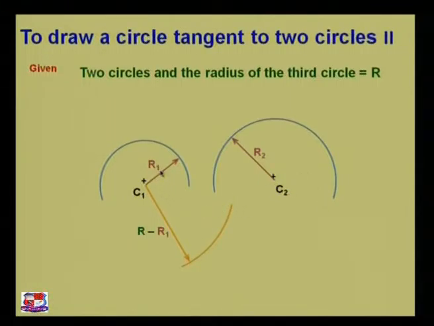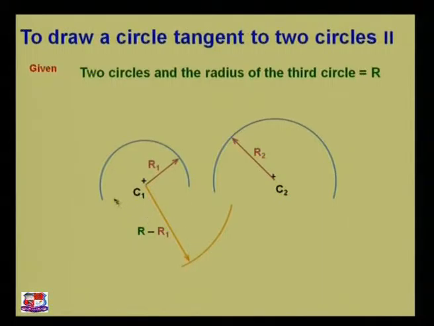In the first method, we added r plus r1. Over here we are subtracting, r minus r1. If my r is 35 mm and r1 is 20 mm, then this radius would be 15 mm.